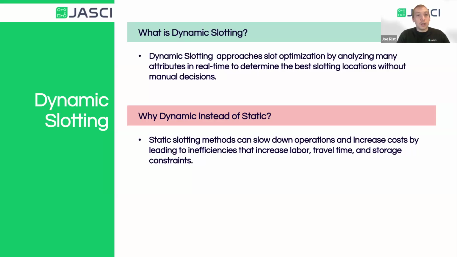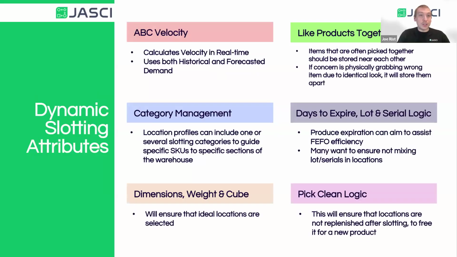Now, dynamic slotting sounds complex, and it can be. You can have it leveraging factors about, say, ABC velocity, or maybe you want like products together because they're often ordered together and picked together, or maybe you want like products apart because people will scan one SKU and then physically grab the other one because it looks almost identical.